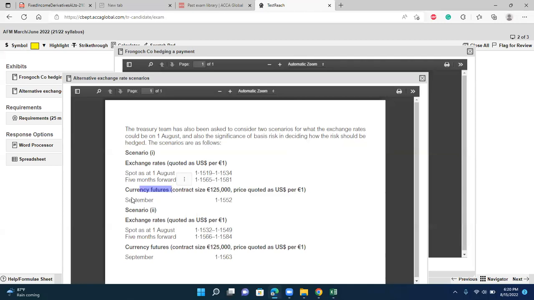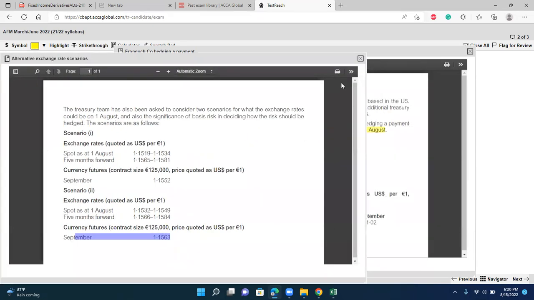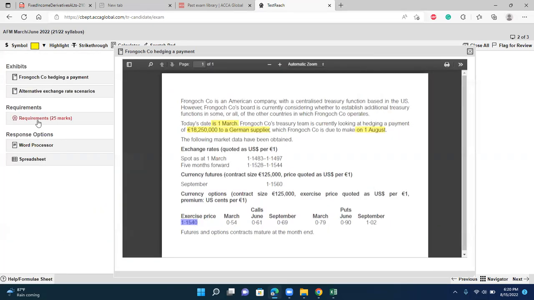Currency future closing rate is given, now the future rate is 1.1552. Scenario 2: spot rate is given and closing future rate is given. That's the second exhibit. So now let's solve one by one.